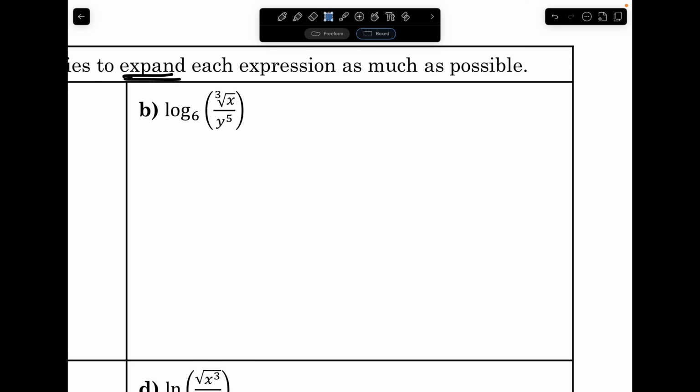So here we have the log base 6 of the cube root of x over y to the 5th, where we're dividing the x and the y term. So first let's make sure that we write this again with exponents. So recall that taking the cube root, from the prior page, we did an example like that, is the same thing as x being raised to the power of 1/3. So let's start off by rewriting that part as x to the 1/3 power.